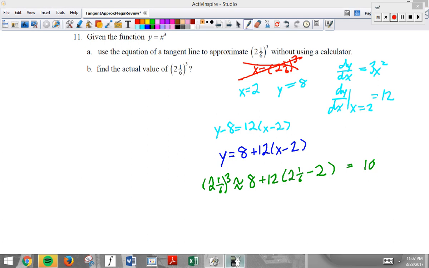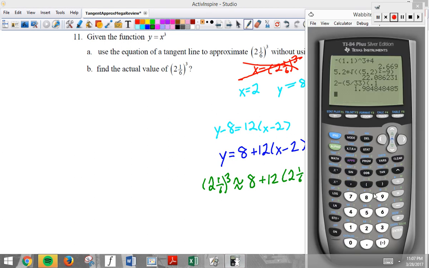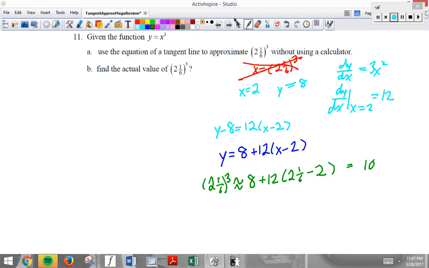Find the actual value. That's a calculator question. 2 plus 1/6. That's what it means, everybody. 10.171. Pretty far off. Okay. That's all there is to it.